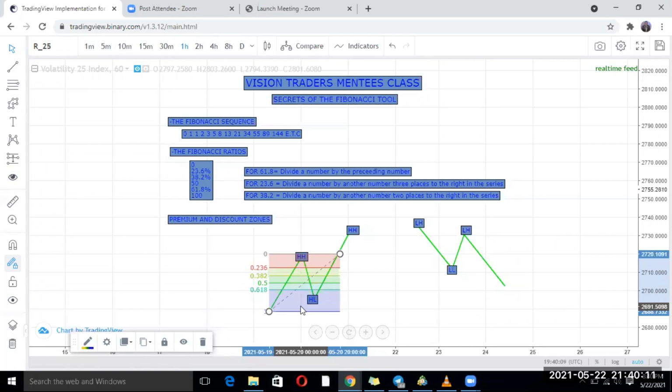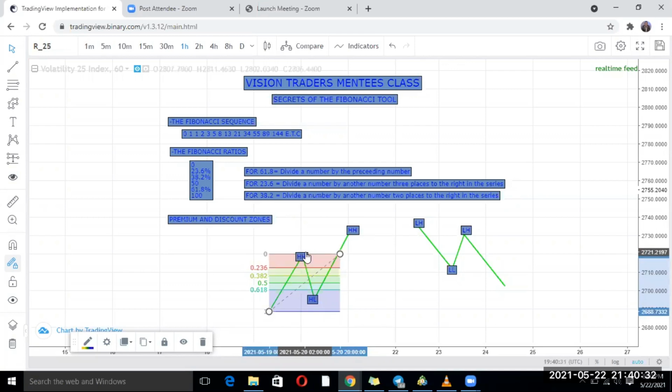If you are placing on the body at the top, place it on the body at the bottom. That's the rule behind it. This is your swing low, this is your next swing high. Swing low, swing high. Understood?